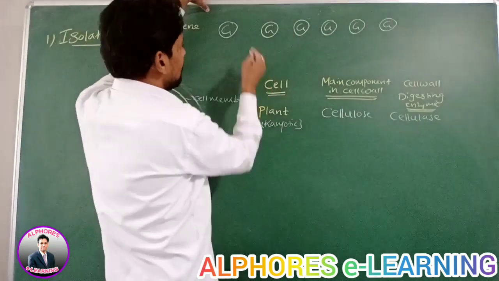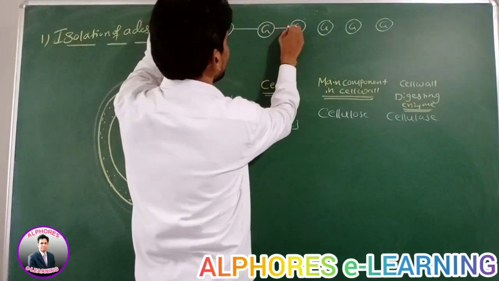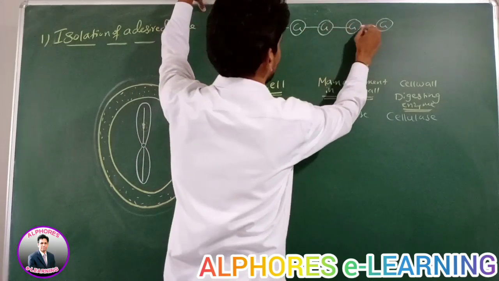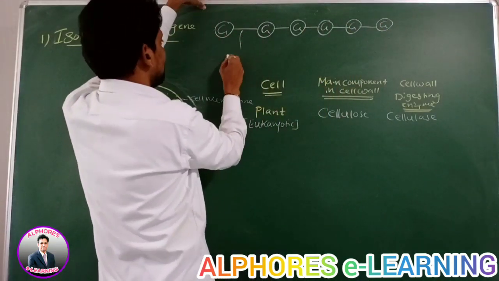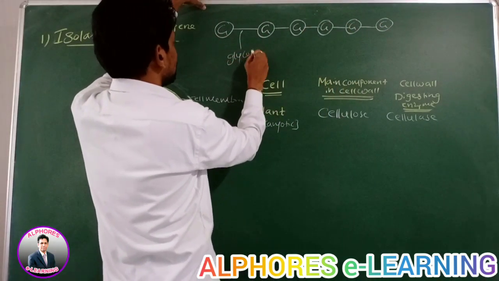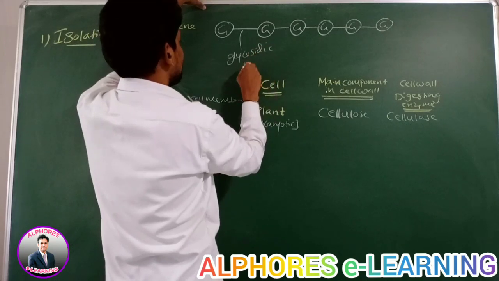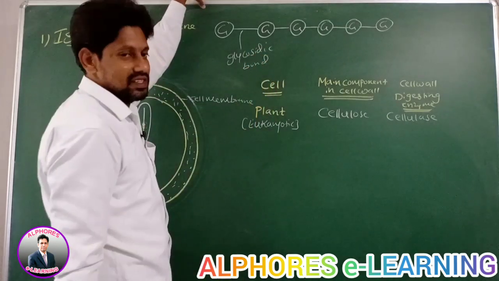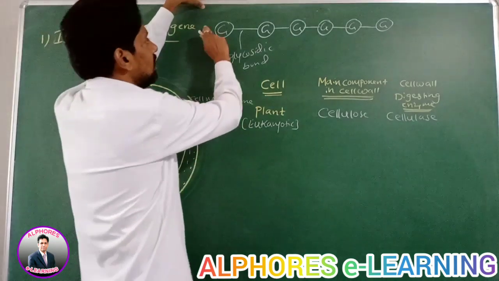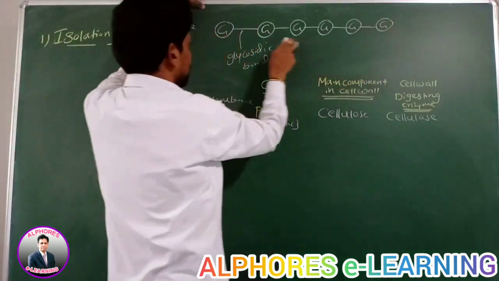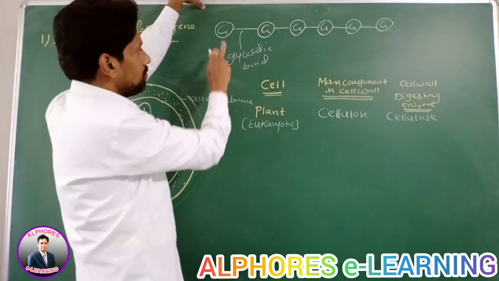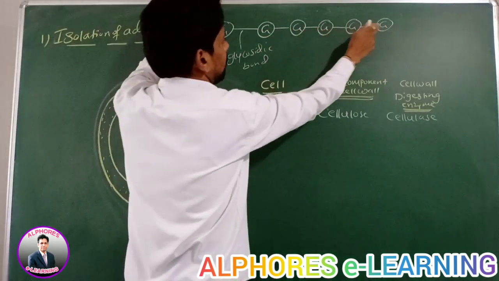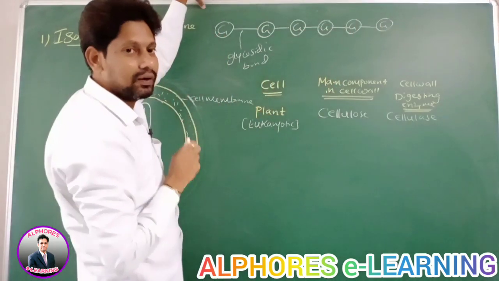Here how many glucose units are there? Many glucose units. These glucose units are linked by which bond? Glycosidic bond. For example, this is cellulose. Cellulose is made up of many glucose units.